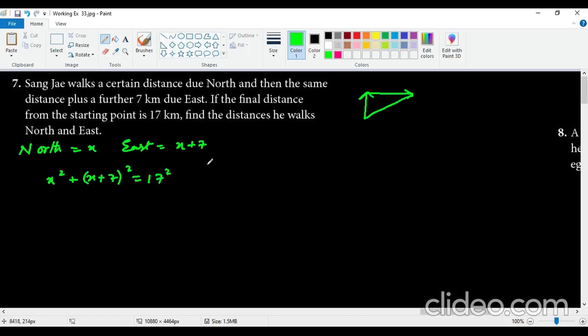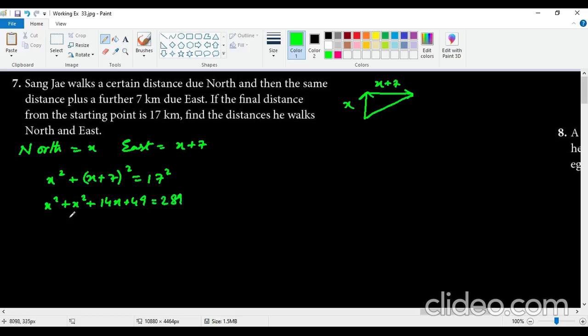This is x and this is x plus 7. So we need to find out this using Pythagoras theorem. This gives us x square plus x square plus 14x plus 49 equals 17 square, which is going to give us 289.